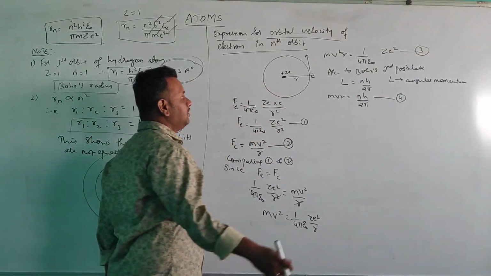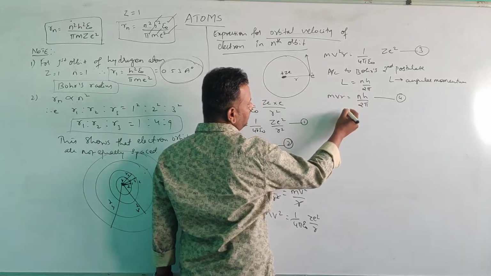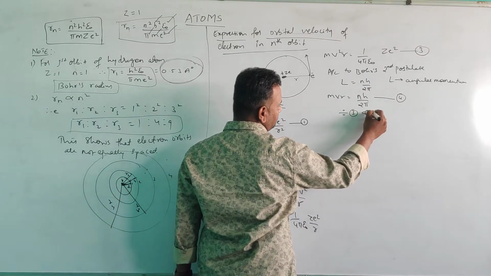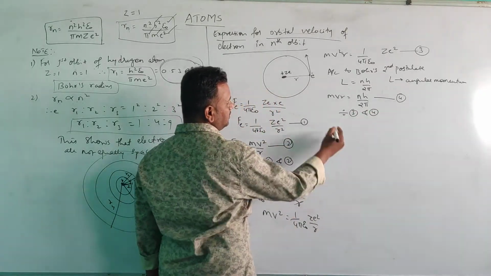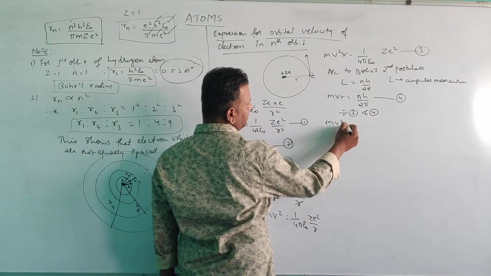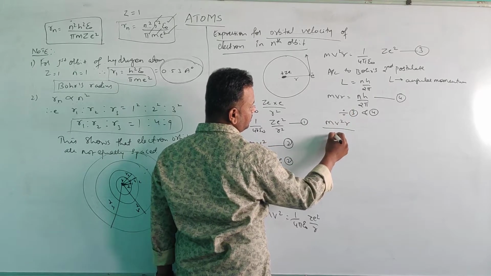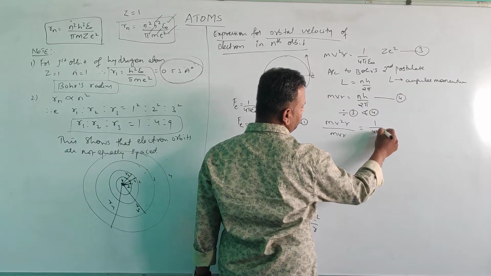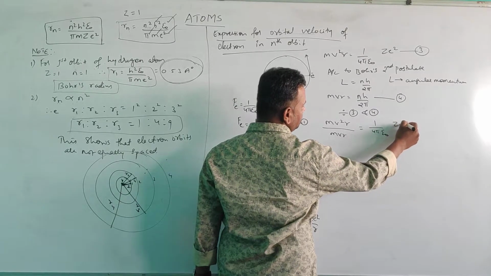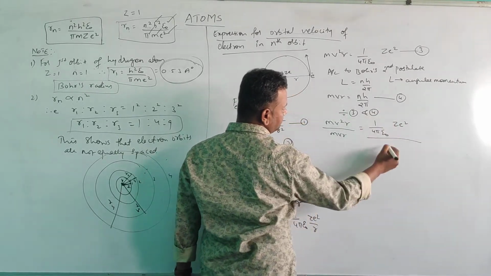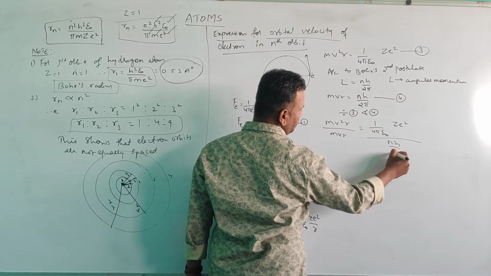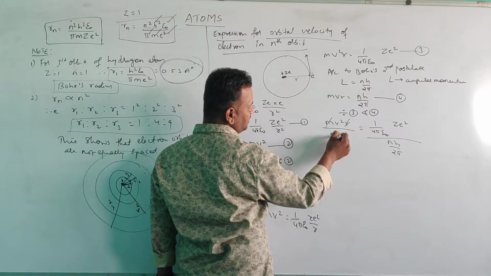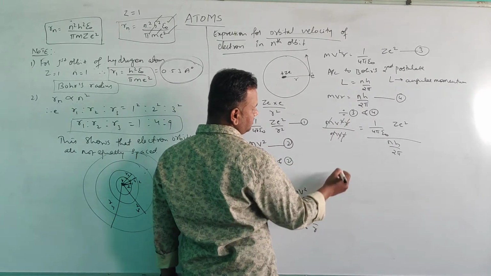Now let us divide equations 3 and 4. So mv square r divided by mvr equals 1 by 4 pi epsilon naught Ze square divided by nh by 2 pi. Here m cancels, r cancels, and v cancels once.